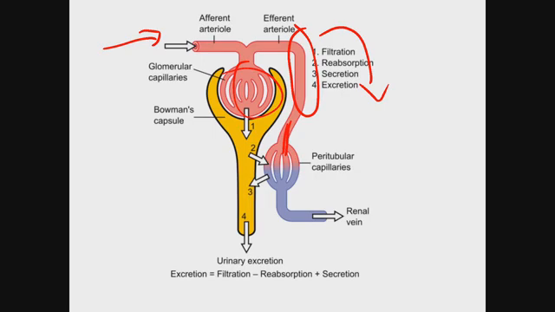So by adjusting the resistance of the afferent and efferent arterioles, the kidney can regulate the hydrostatic pressure in both the glomerulus and the peritubular capillary, thereby changing the rate of glomerular filtration, tubular reabsorption, or both in response to body homeostatic demands.